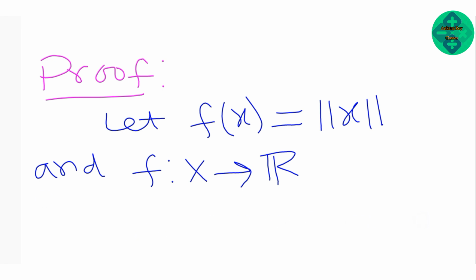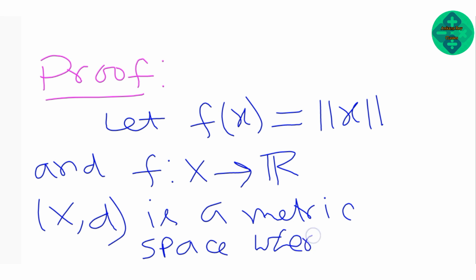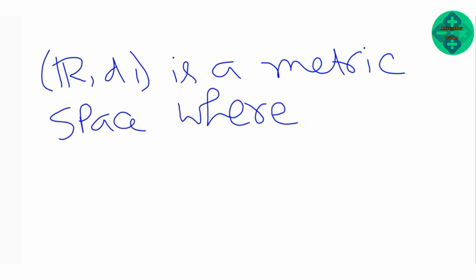Here (X, d) is a metric space, where d of x, y is equal to norm x minus y, and (R, d1) is a metric space where d1 of x, y is equal to mod x minus y.